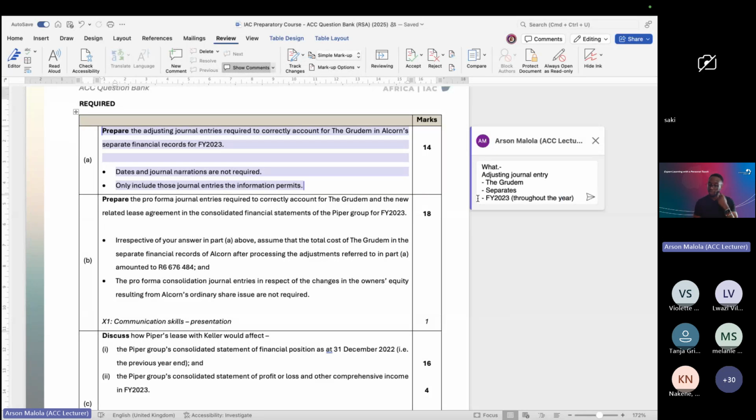Unwinding that interest on the deferred payment, and then also any deferred tax that we need to unwind as a result of that also comes into play here, right? Those extra marks that often get forgotten because we're focusing on what is a very clear issue in the fact pattern, and not from an exam technique perspective, right? So the what becomes extremely important.